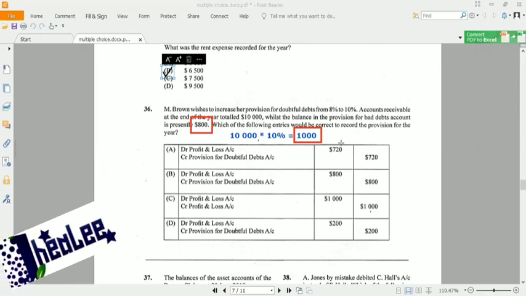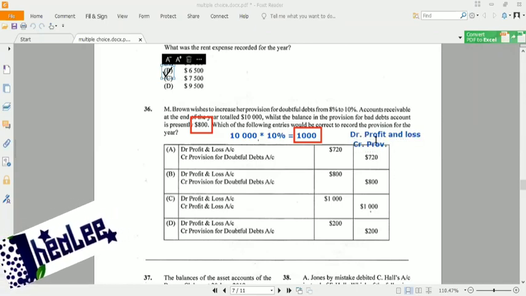Increase. All right? And once there is an increase, you would debit your profit and loss because it is an expense, and you credit your provision account.